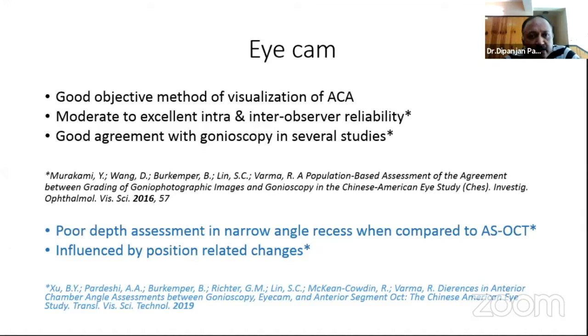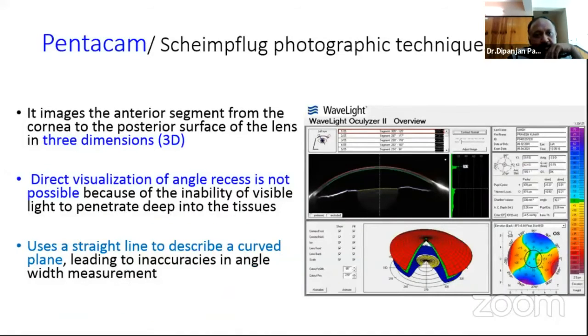It has been shown to be a good objective method of visualization with moderate to excellent inter- and intra-observer reliability, and good agreement with gonioscopy in several studies. But on the other hand, there is poor depth assessment in the narrow angle recess when compared to ASOCT, and it is influenced by position-related changes, just like UBM.